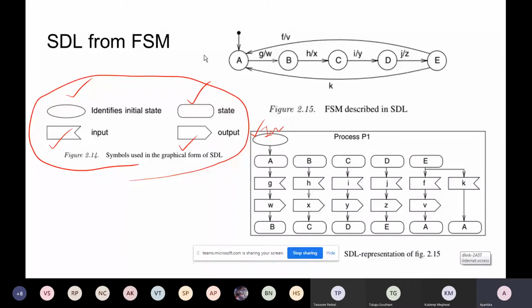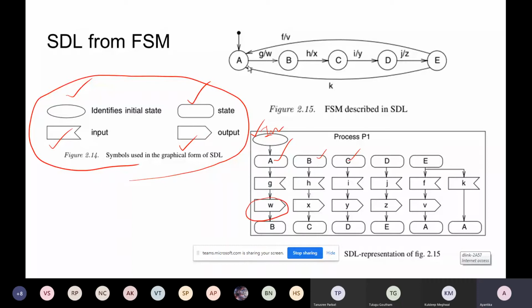That is not defined, so we have kept it blank. After that, these are the states A, B, C, D. And this is the guard and the output action. So the guard is basically considered as the input, and the output is considered with this symbol.